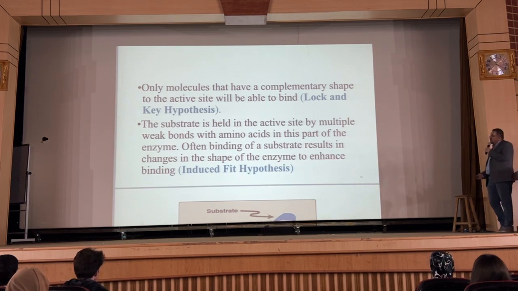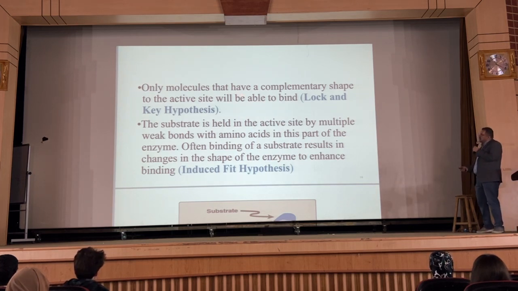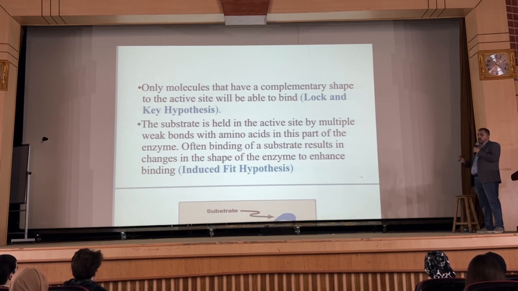A molecule or a substrate with a complementary shape to the active site will be able to bind to the enzyme. The shape, the size, the charge of the amino acids of the substrate is important to be recognized by the active site of the enzyme.